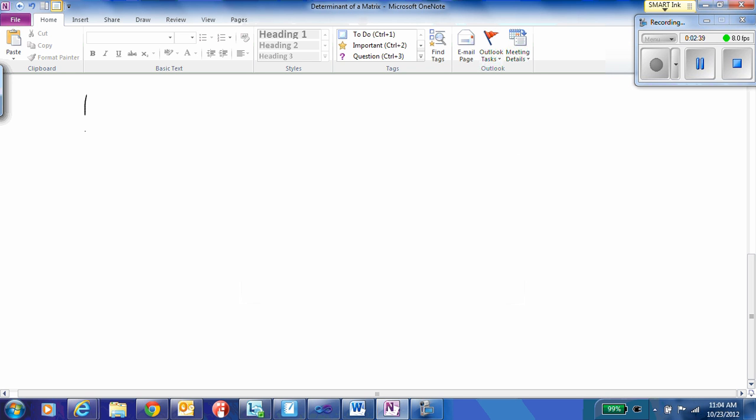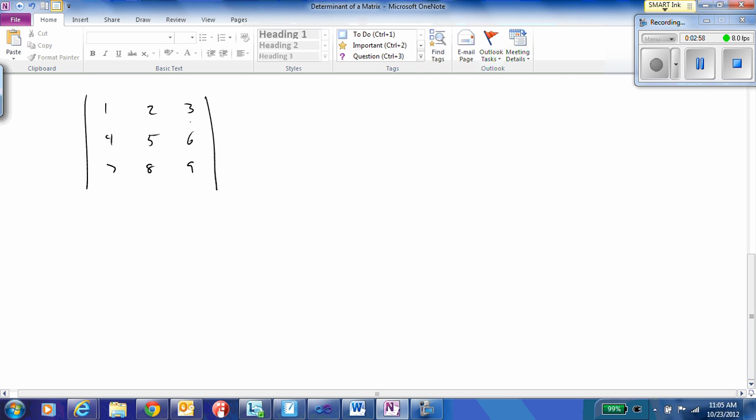So if I have a matrix something like 1, 2, 3, 4, 5, 6, 7, 8, 9, I have the 3 by 3 matrix. I can't use the rule of down and to the right because I don't just have down to the right and down to the left. I have this combination of things.